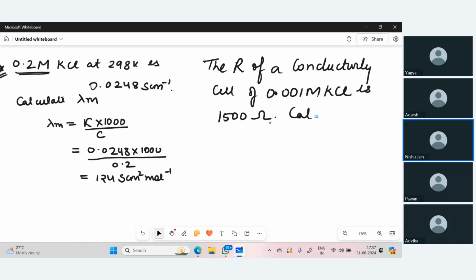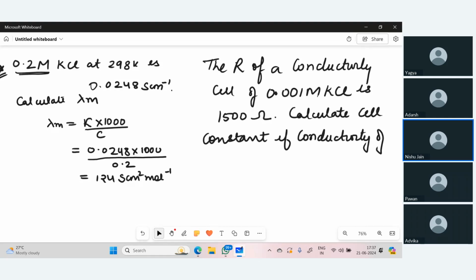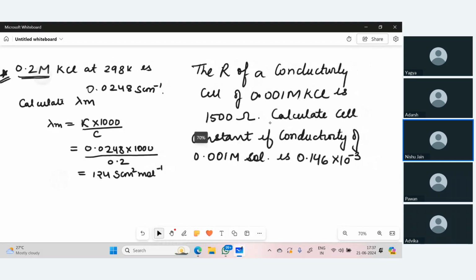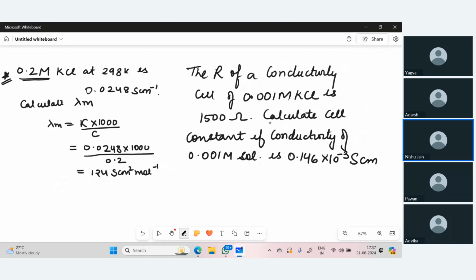Calculate the cell constant, if the conductivity of the same solution is 0.146 into 10 raised to power minus 3 Siemens per centimeter. Now solve it and tell me the answer fast.